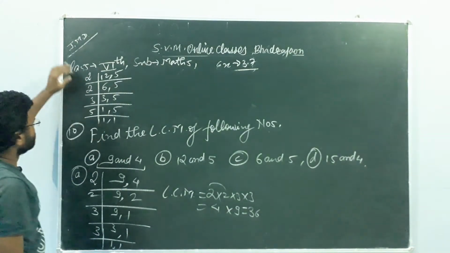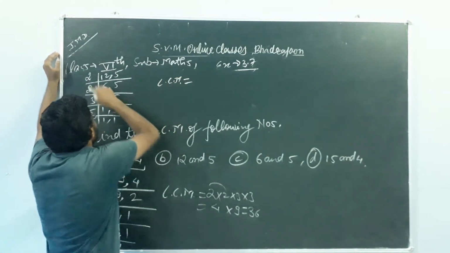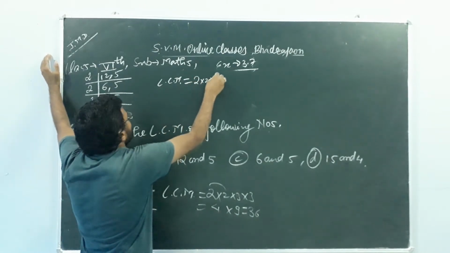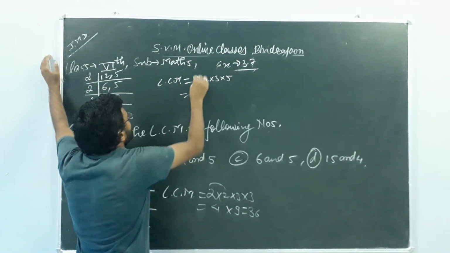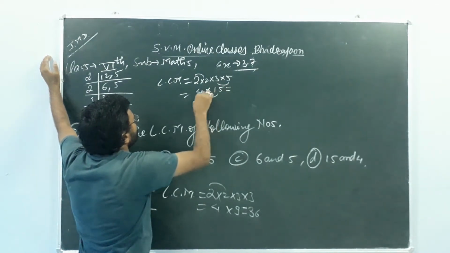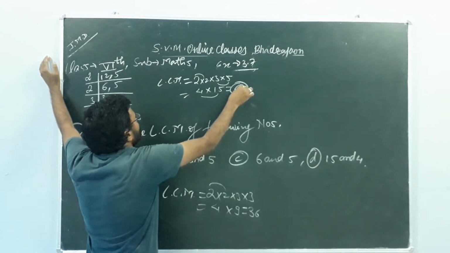This is our factorization. Now we have to take the LCM. So LCM will be the multiplication of all. So 2 into 2 into 3 into 5. 2 2s are 4, 4 3s are 12, 12 5s are 60. 60 is our answer.